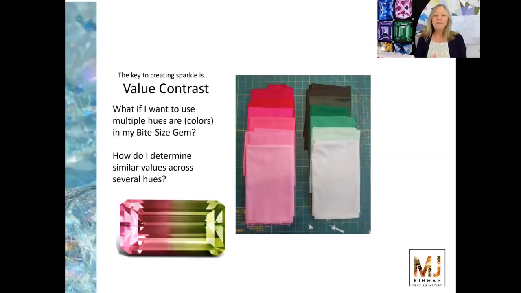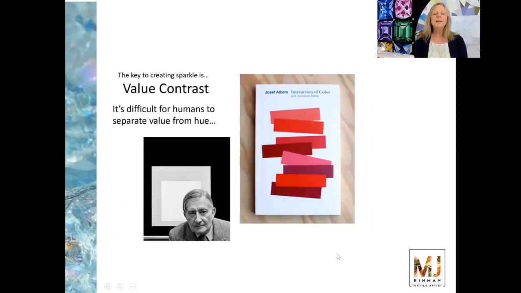So what if I want to use multiple hues, which are colors, in my bite-sized gem? Like, for example, I would love to do a watermelon tourmaline with one of the gemstones during the course of this time together. Again, I showed you what this watermelon tourmaline looks like. So I have a stash of pinks and fuchsias, and I have a stash of my greens here. Well, Joseph Albers was this incredible art teacher in the 40s, 50s, and 60s.